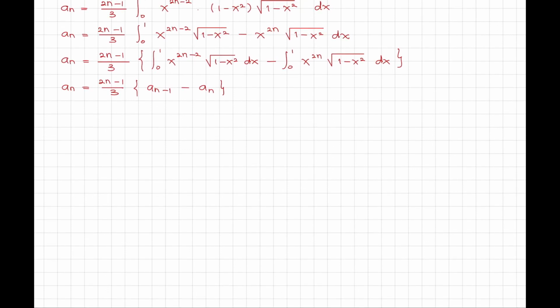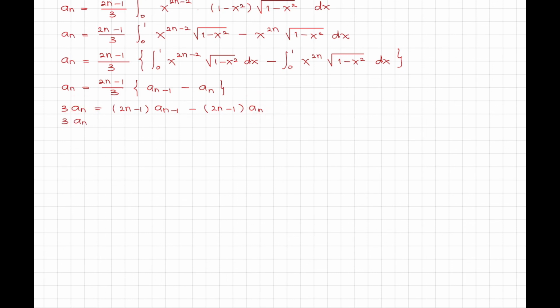If I multiply the 3 to the left hand side, I got 3a_n equals to 2n minus 1 times a_n minus 1, and then 2n minus 1 times negative a_n. Let's move this expression to the left hand side, so we can find the value of a_n, or we can isolate the a_n.